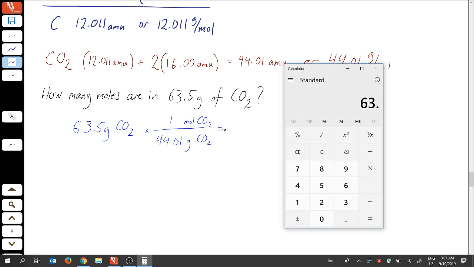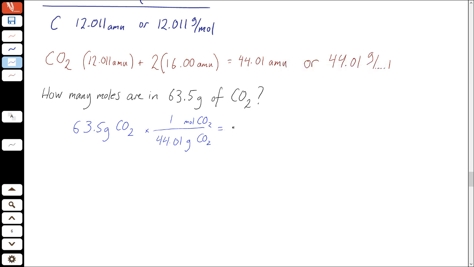So 63.5 divided by 44.01 gives us 1.44 moles. All right, so we can do that, right? We could also then, if we wanted to, go from moles to molecules using what kind of a factor? Yeah, Avogadro's number is 6.02 times 10 to the 23rd, if we wanted to actually know how many pieces are in there. All right, let's extend this one more.